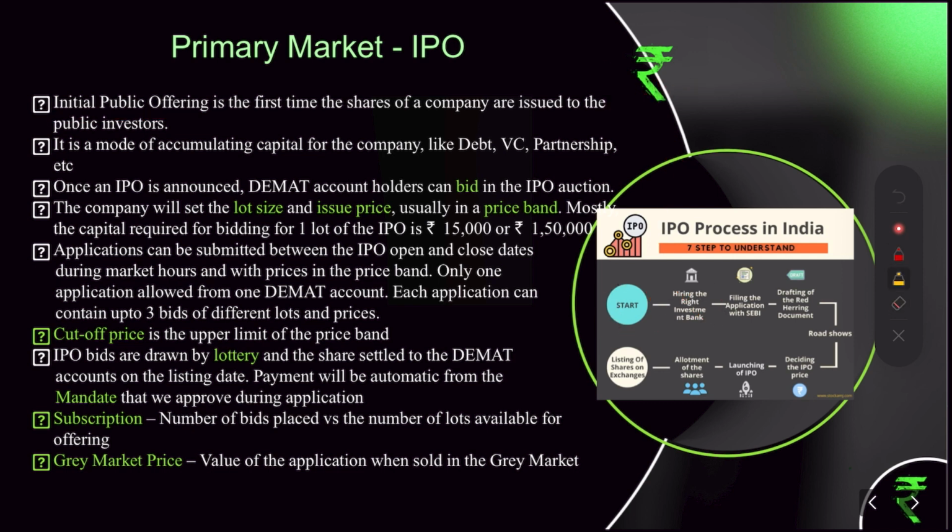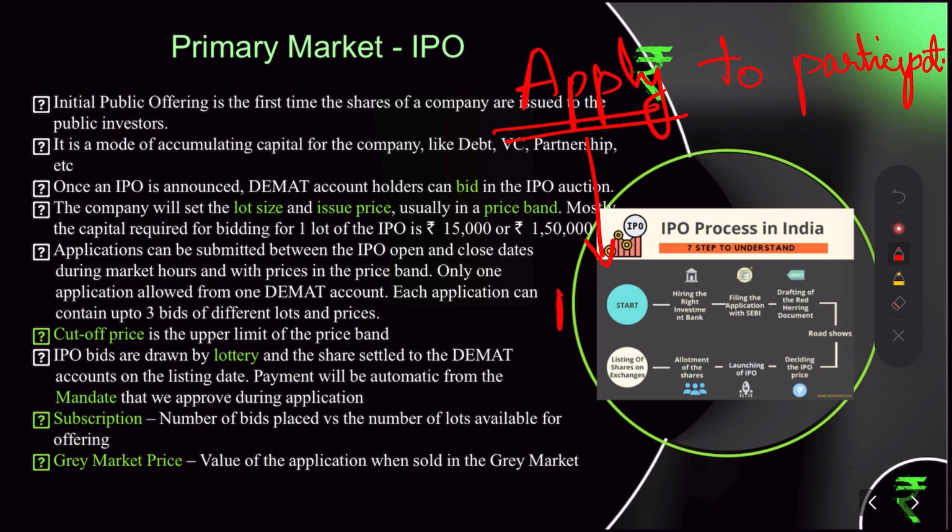This IPO is unlike the secondary market. You have to apply to participate in an IPO. So you have to drop an application with the company. This application can be dropped with your broker.